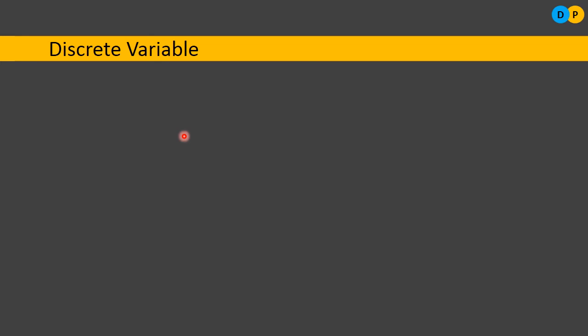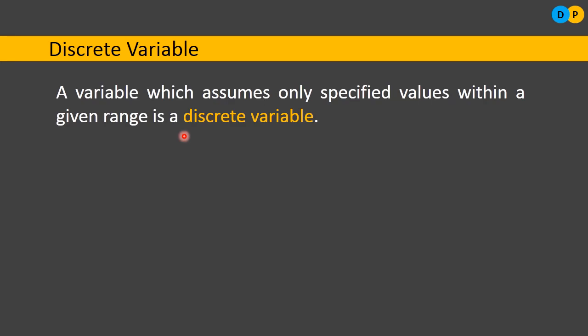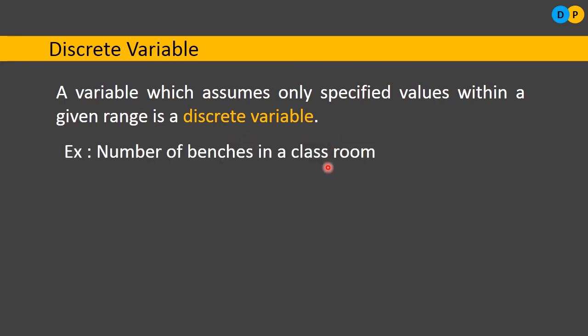Okay, so what is a discrete variable? A variable which assumes only specified values within a given range is referred to as a discrete variable.